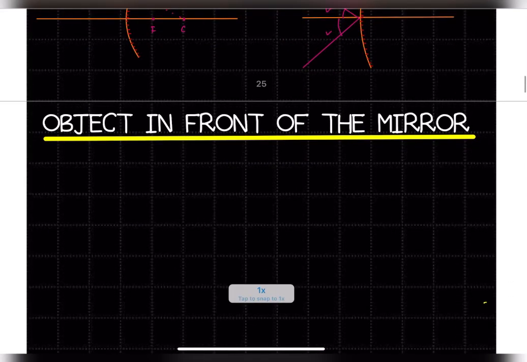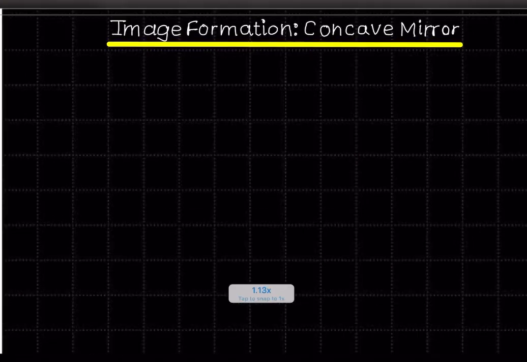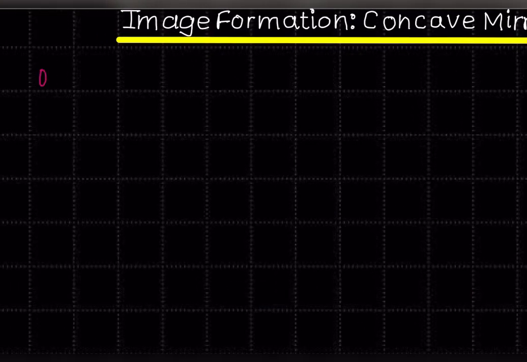In case of concave mirror, we have discussed many things, right? What were the things we discussed? We kept the object in different positions.